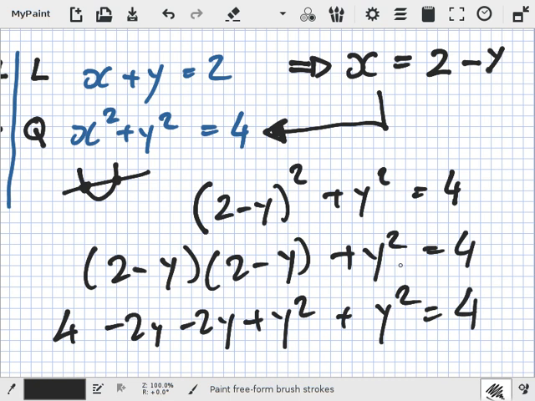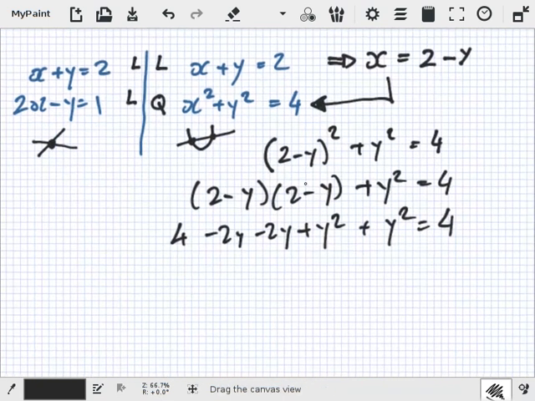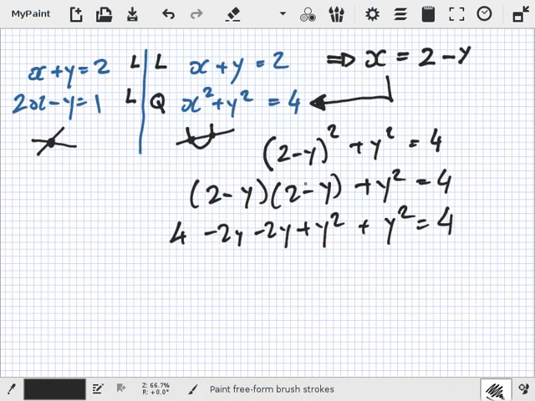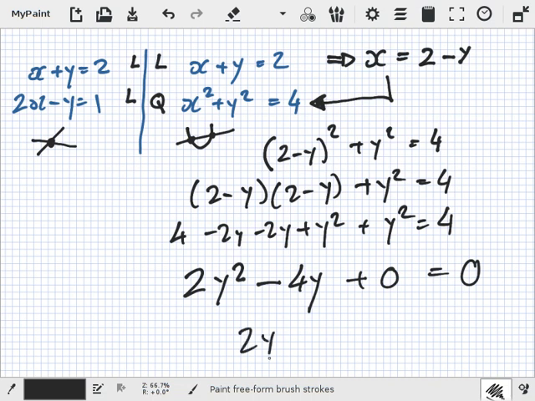Now, we'll bring everything to the left. So y squared plus y squared is 2y squared, minus 2y minus 2y is minus 4y, and then 4 minus 4 is 0. Or you can just write this as 2y squared minus 4y equals 0. Now, what do I do next here?